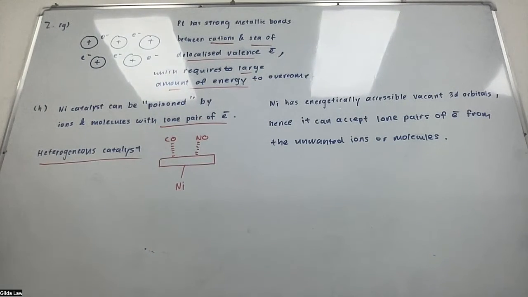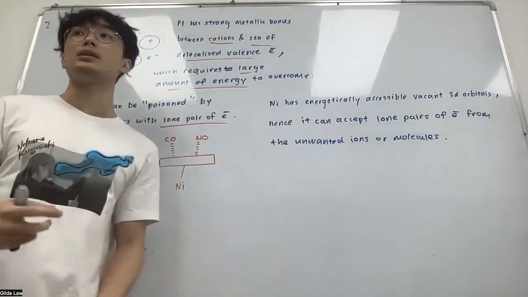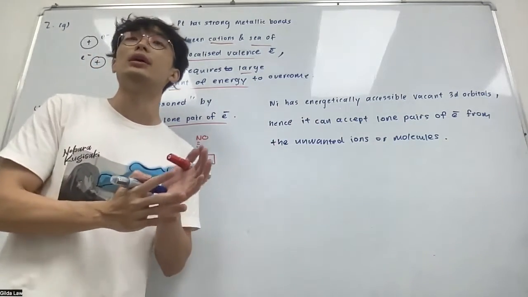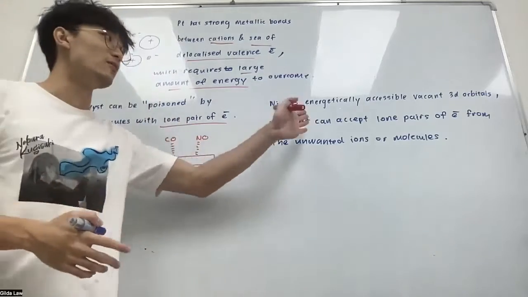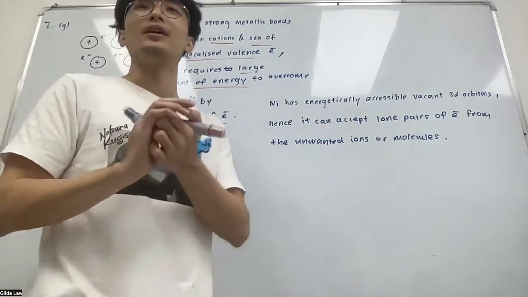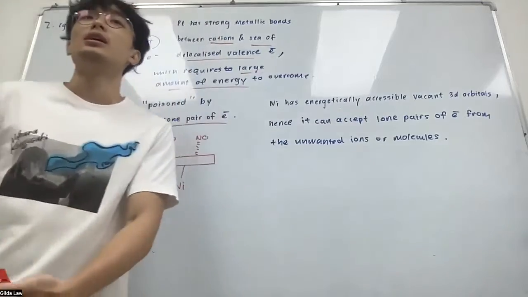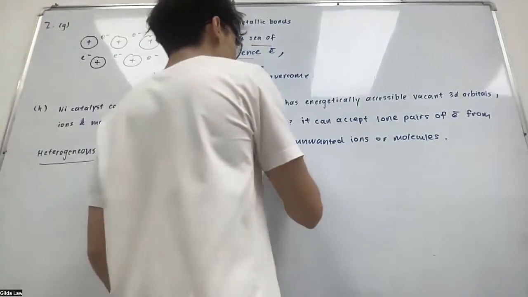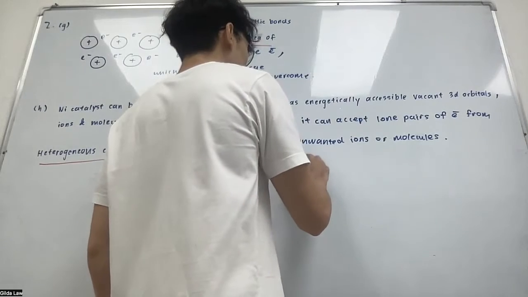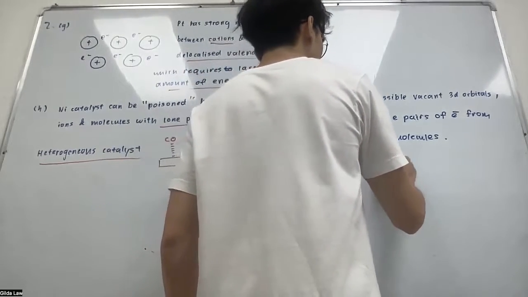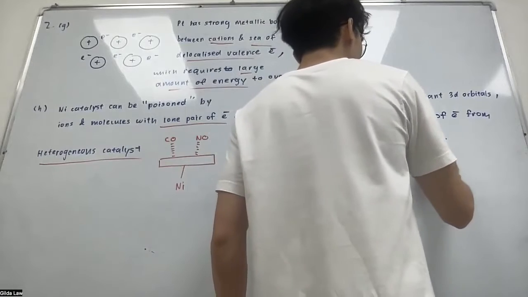Then the second half of this question asks: you accept lone pairs, so what? How does it link to it being a useless catalyst now? Why is it that it forms bonds and then becomes useless? No more active sites, like what we discussed. So the active sites become occupied.